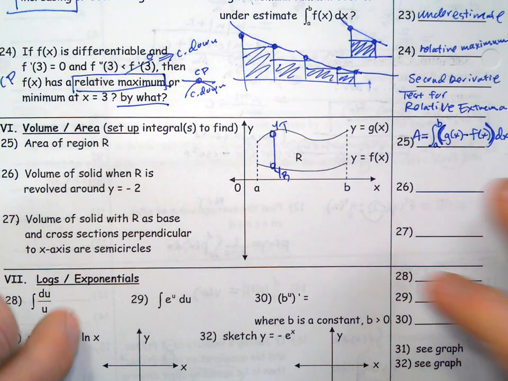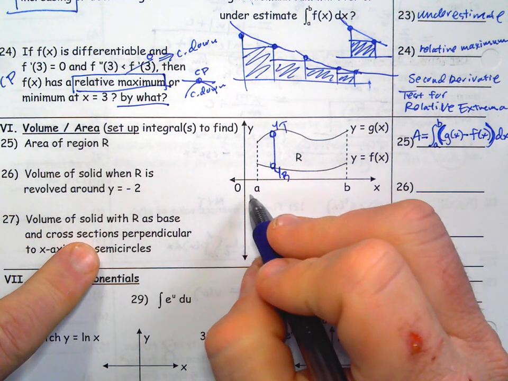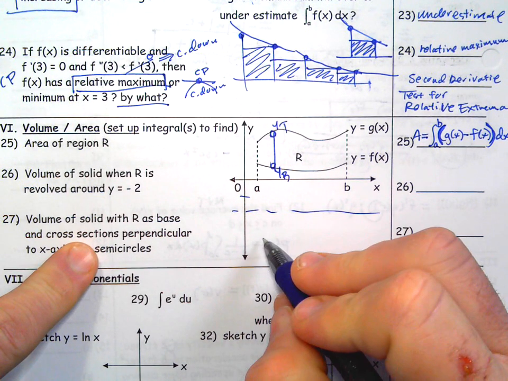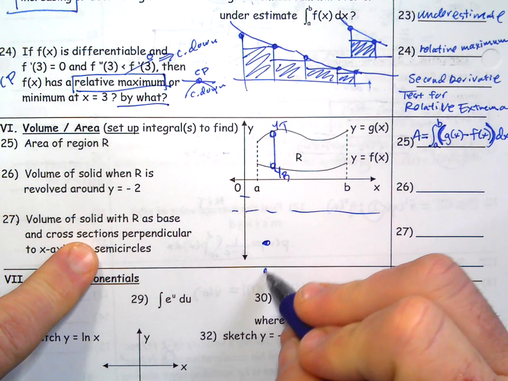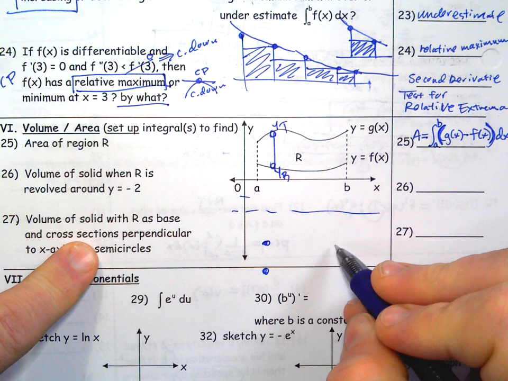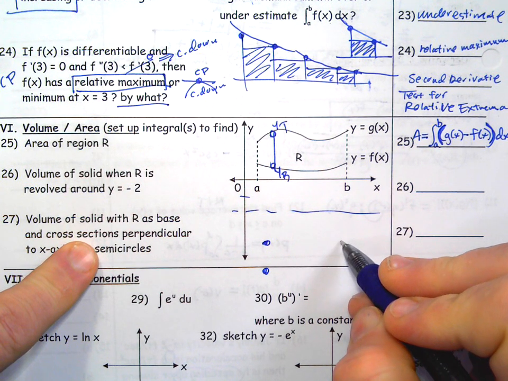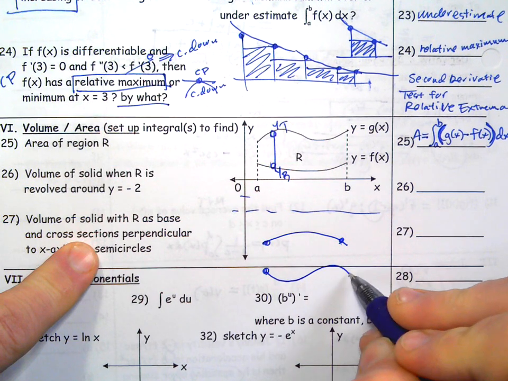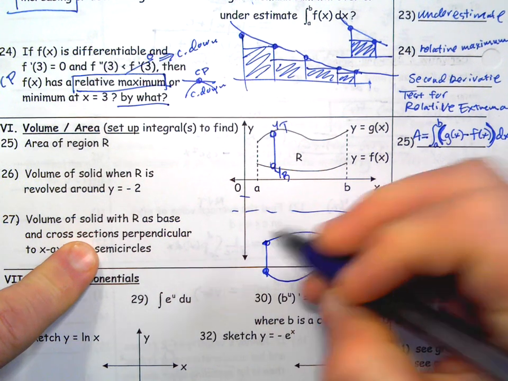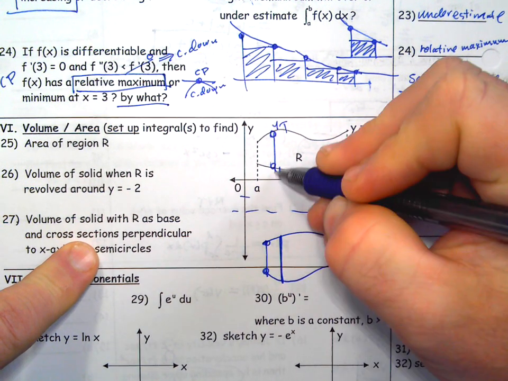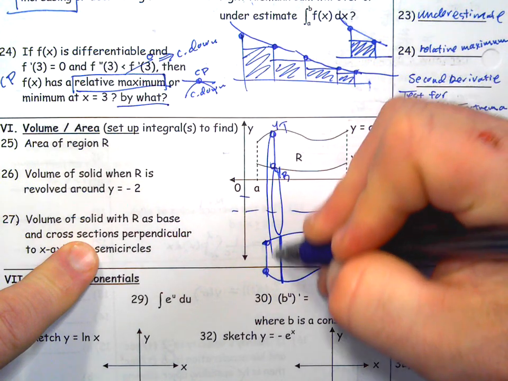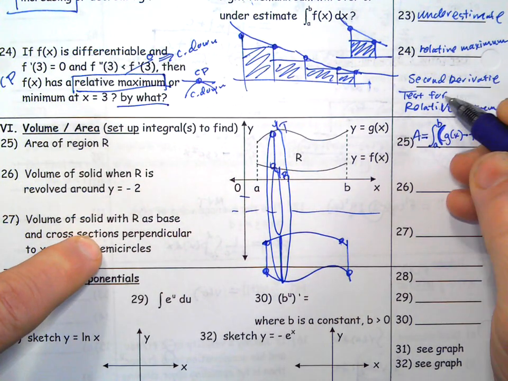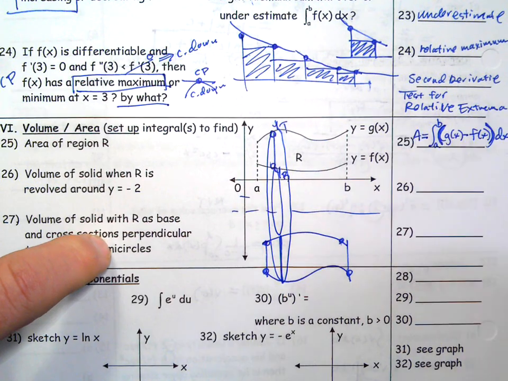Volume of the solid when R is revolved around y equals negative 2. So y equals negative 2 would be something down here. So we revolve it. And I think we're going to just do vertical slices, because there's no way we're going to get g in terms of y, or x in terms of y.